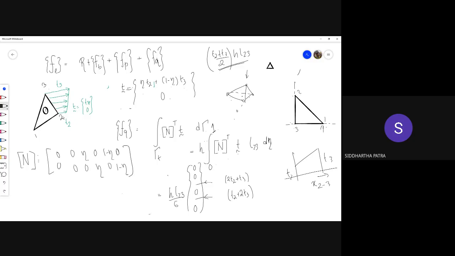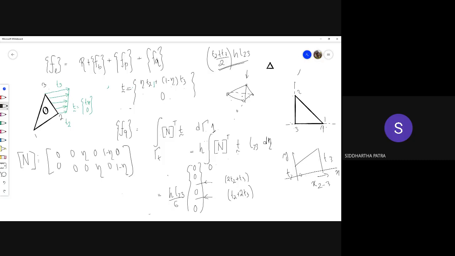Now physically, on the physical geometry, the traction need not be normal to the edge. All I'm trying to show here is that if I were to plot it, the x-axis as a coordinate measured along 2 3, and the y-axis the traction value, the net force in the x direction is obviously the area under this plot, right? Yes, sir. And that area is the area of the trapezoid.